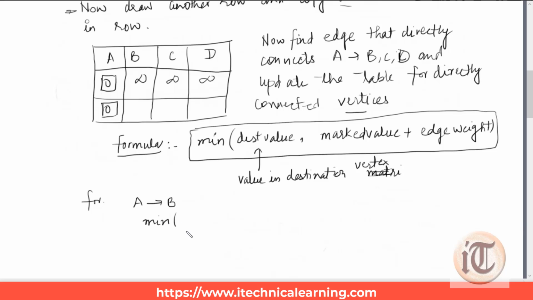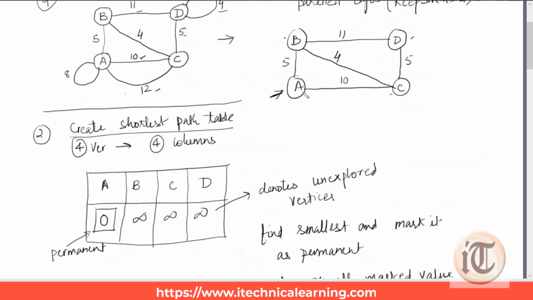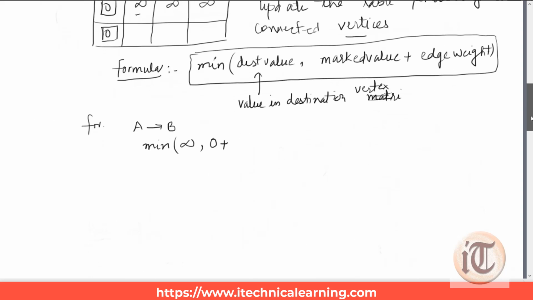We'll say min: what is the destination value in the column of B? It is infinity. So we take infinity, comma, marked value in the row, which is 0, plus edge weight, meaning the edge directly connecting A to B. We can see here A to B has a direct edge with the value 5. So the edge weight will be 5, and the minimum of infinity, comma, 5 will be 5.